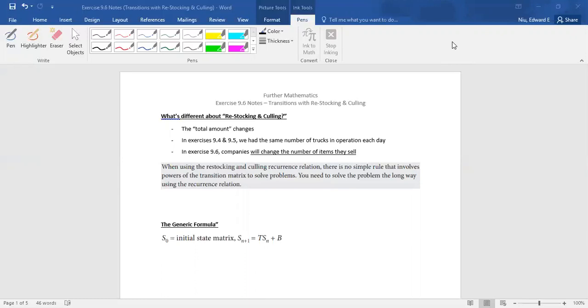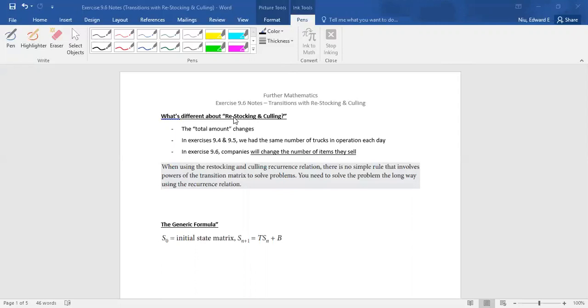Remember how Depot A had 105 and Depot B had 35 once we hit that equilibrium state? Well, the difference between 9.6 and 9.5 is, let's say that truck company decides to expand, they might buy more trucks or sell off old trucks. And this is where restocking and culling comes in.